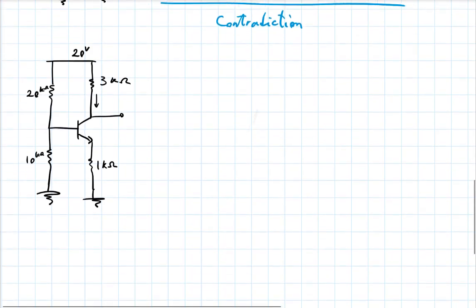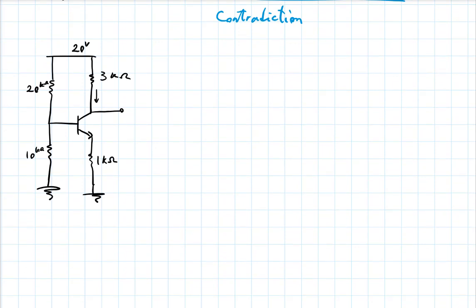Now, mind you, again, within our approximation here, you have approximately 6.66 volts. So here you have approximately 6 volts, which gave you the 6 milliamps.